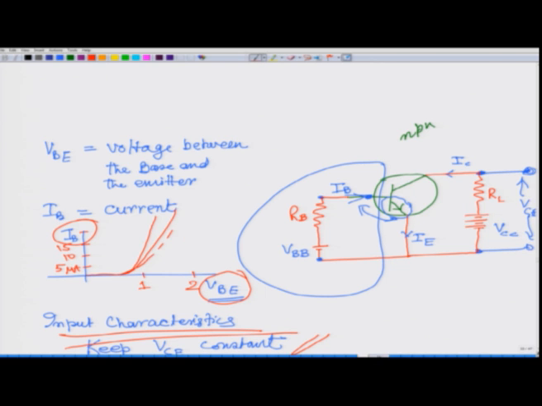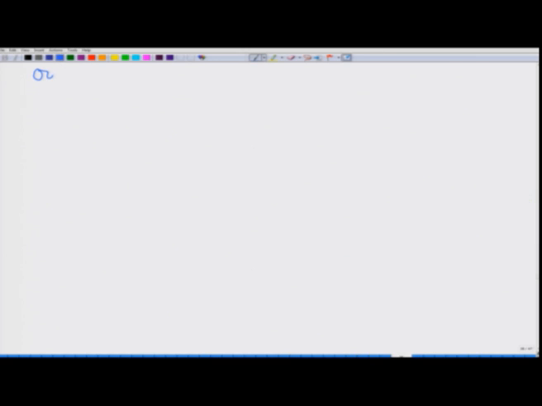Okay. The other important characteristic is output characteristics. Again drawing the circuit, the same circuit.